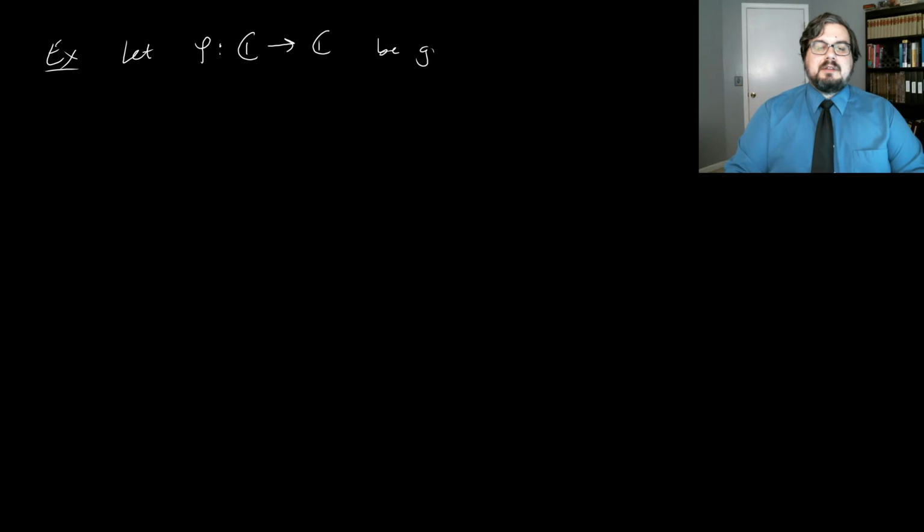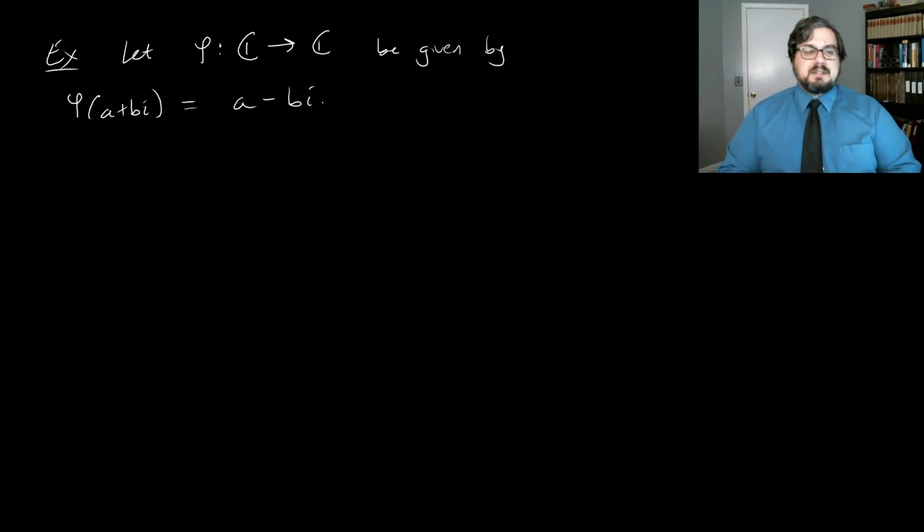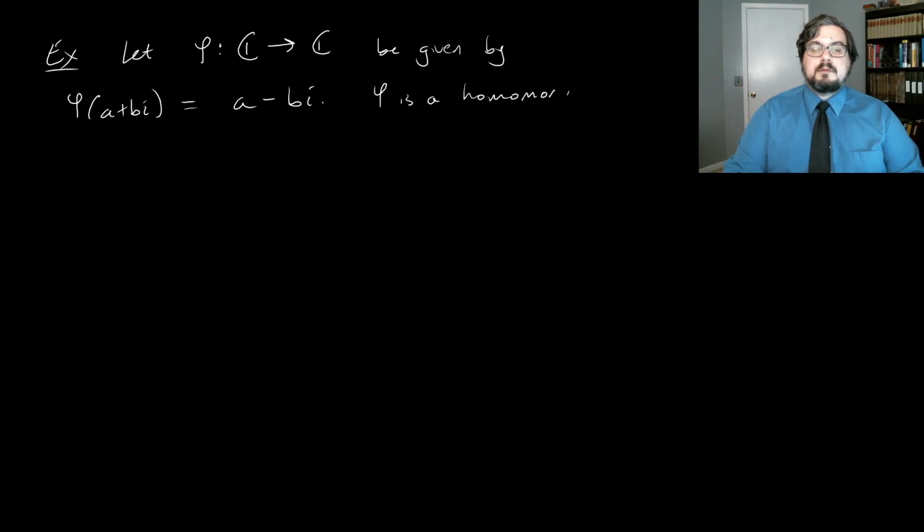Let it be given by phi of a plus bi is a minus bi. It's the conjugate function. Now it's an exercise to show that phi is a homomorphism. But let's try to show that phi is injective.